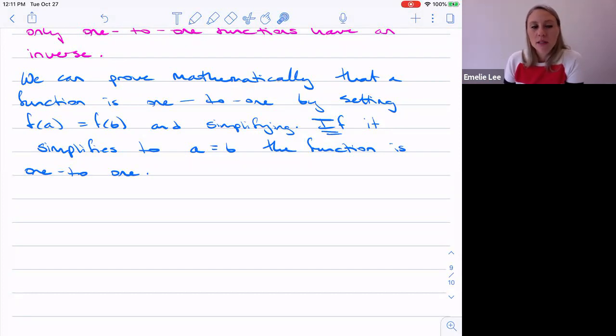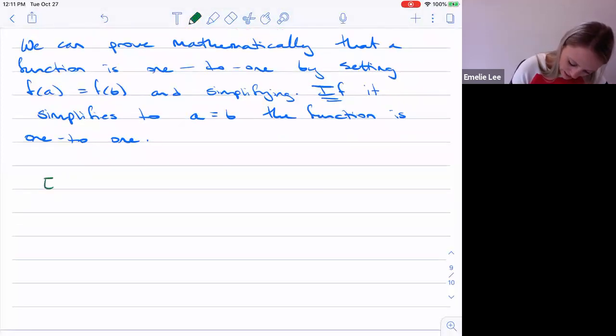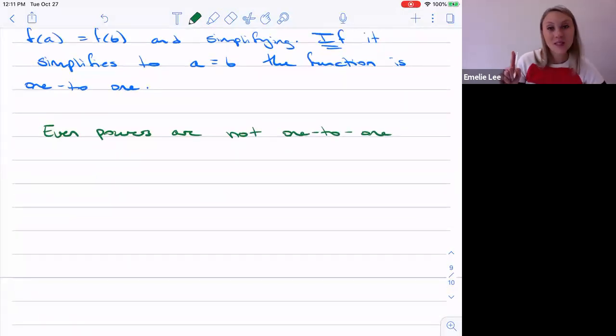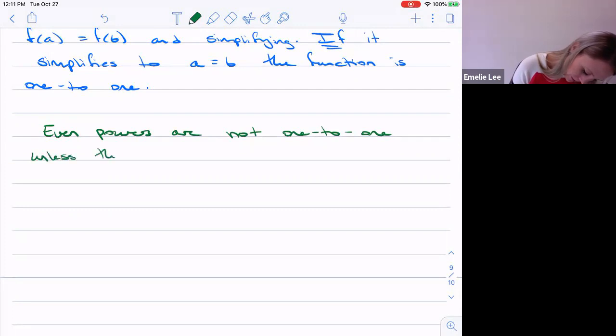As a rule, any even powers are not going to be one-to-one, and so I'll do it in a different color. Even powers are not one-to-one unless the domain has been restricted.